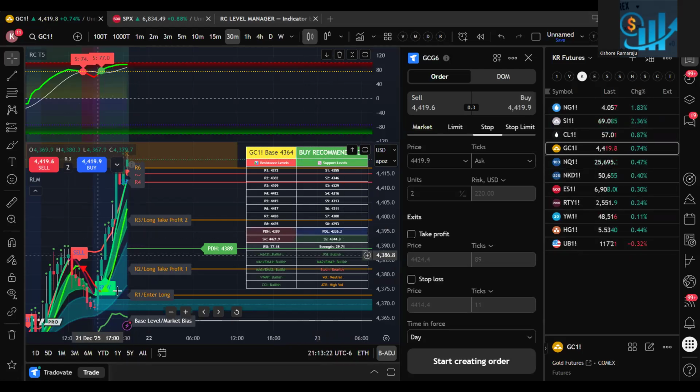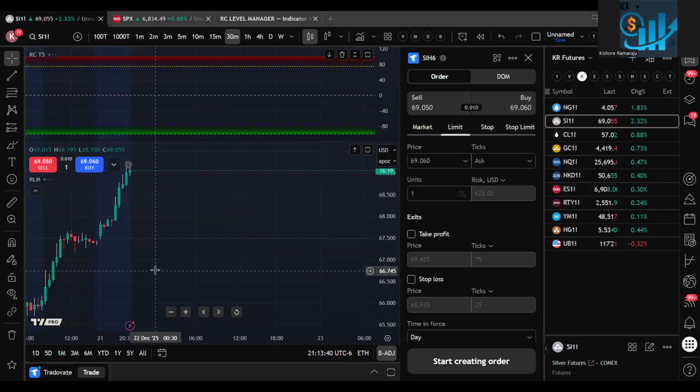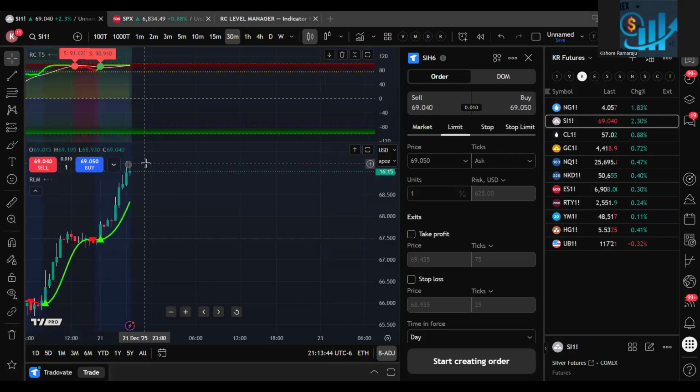So wherever you have all this confluence, your clouds are green, your buy recommendation, your dots are green, your T5 is green, that is the best one to go long. You have all perfect confluence. All different indicators are telling gold is bullish. All different indicators are telling silver is very bullish. Silver is going up and up, further up.